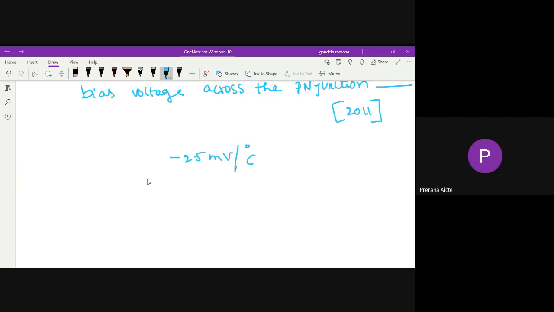Total temperature variation is how much? 10 degrees centigrade. So the forward bias voltage is changed by minus 25 millivolts. So that decreases by 25 millivolts.